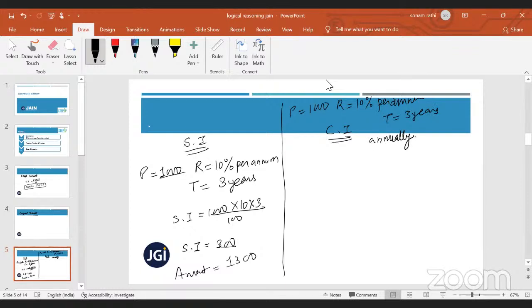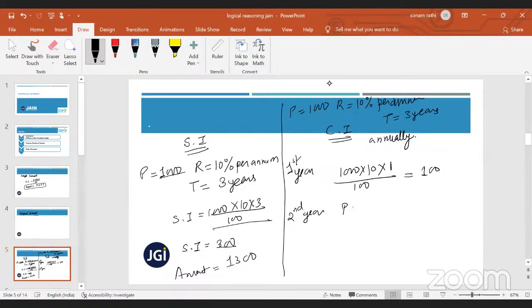So now you will calculate for one year. Same formula: 1000 into 10 into 1 divided by 100. So how much will I get? 100, correct?